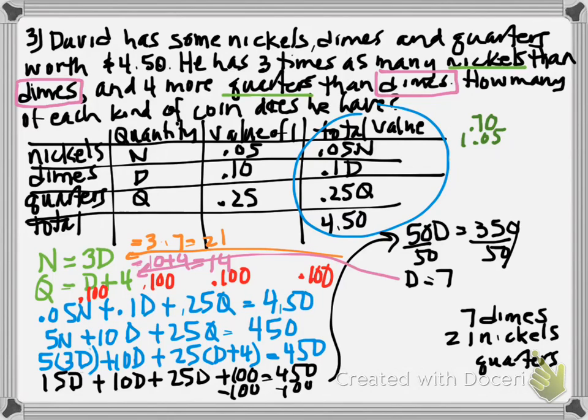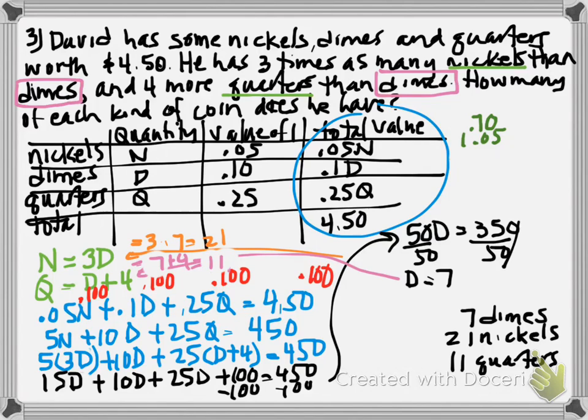Alright, so remember back here where I said 10 plus 4? Well, D wasn't 10, was it? D was 7. So instead of getting 14, I should be getting 11. So let's try that again, shall we?